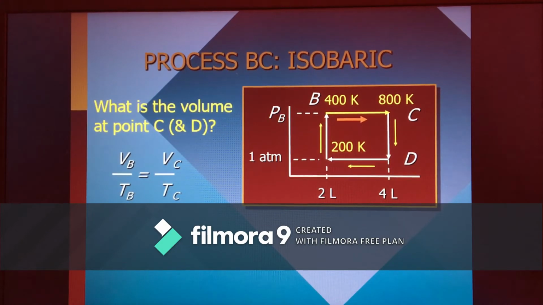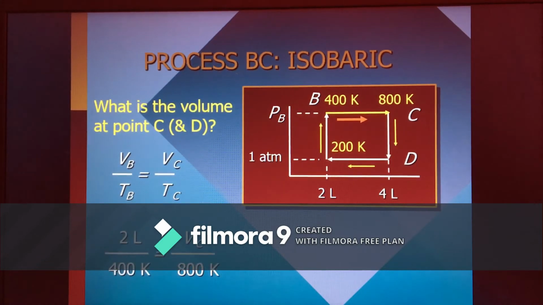Therefore we can use this relationship: the volume at point B over the temperature at point B equals the volume at point C over the temperature at point C, or VB divided by TB is equal to VC divided by TC.